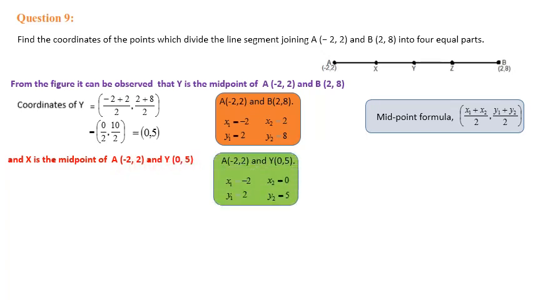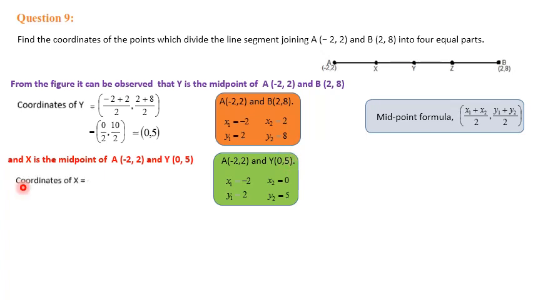Again by using the midpoint formula, we calculate the coordinates of X. Here A(minus 2, 2) is one endpoint and Y(0, 5) is the other endpoint. So x1 is minus 2, y1 is 2, x2 is 0, y2 is 5.